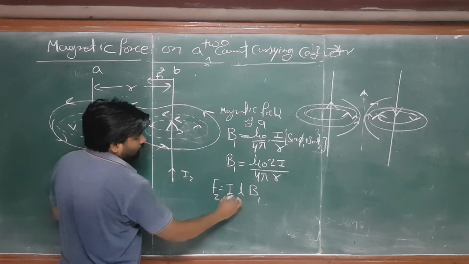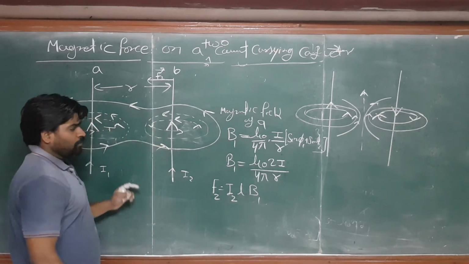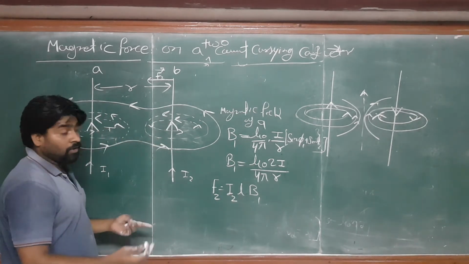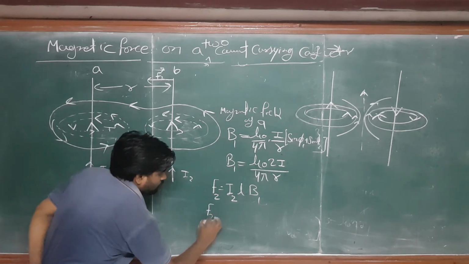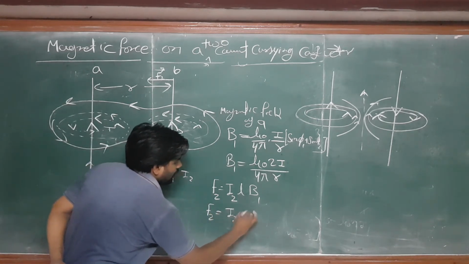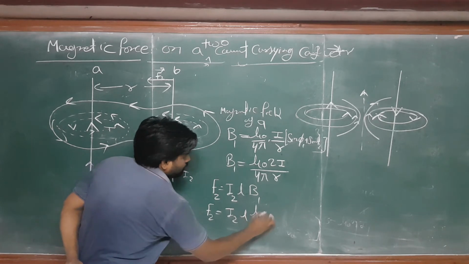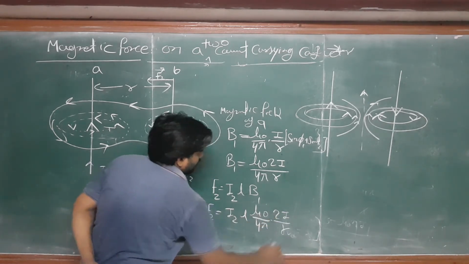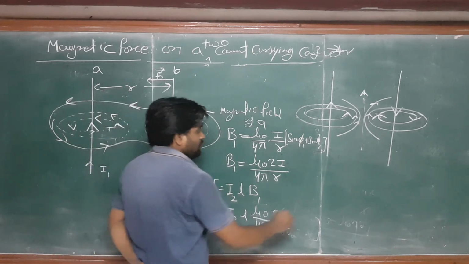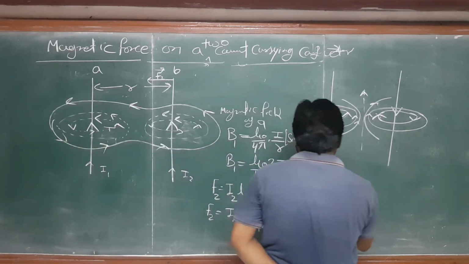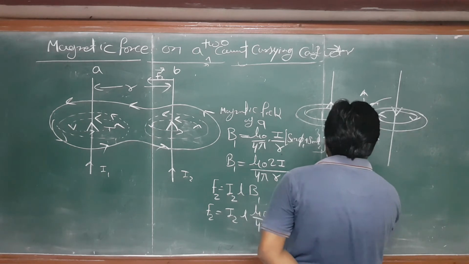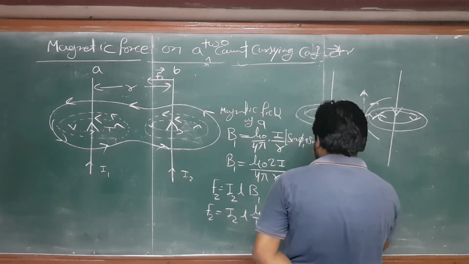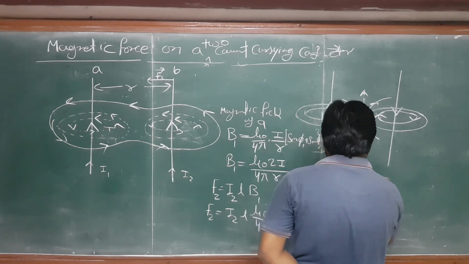F2 has current I2, and let's suppose they have the same length L. So F2 is equal to I2 L B1. The value of B1 is mu 0 by 4 pi dot 2I by R.